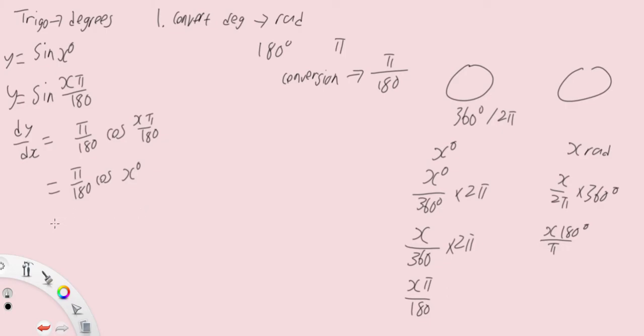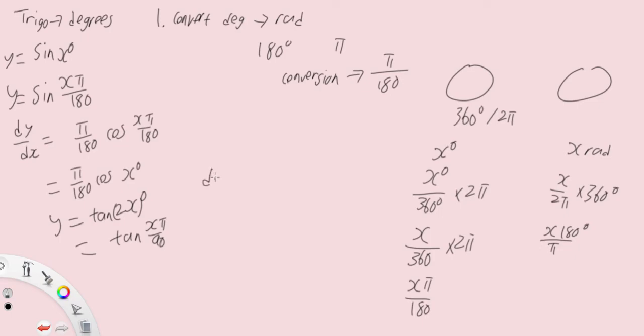Let me show you another example. Let's say I have y equals tangent 2x degrees. Be careful of this. Again applying the conversion ratio, tangent x pi over 90, because 2 over 180 is 1 over 90.